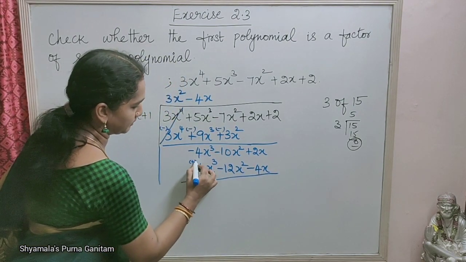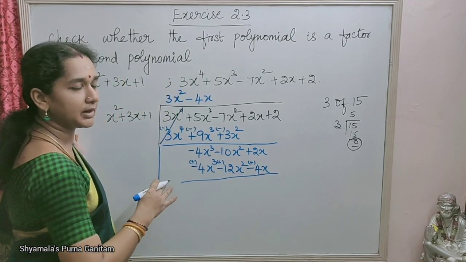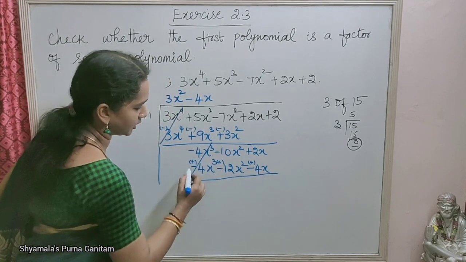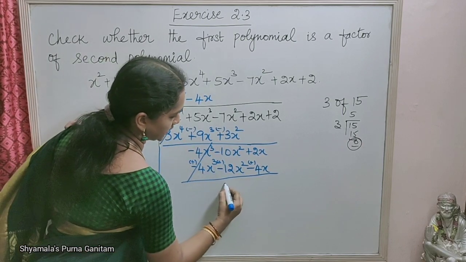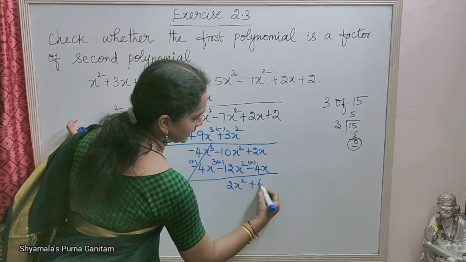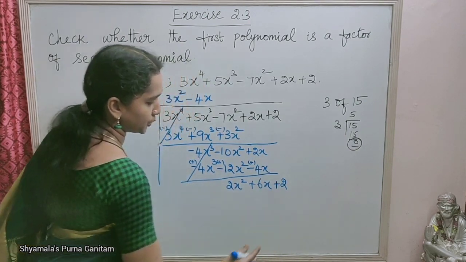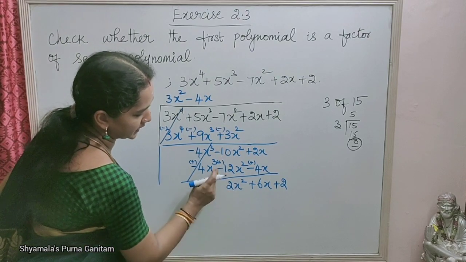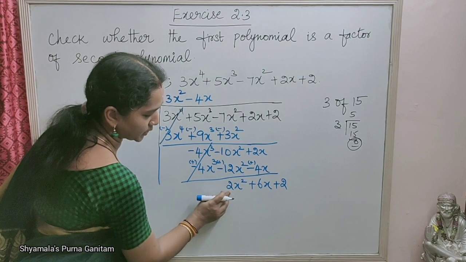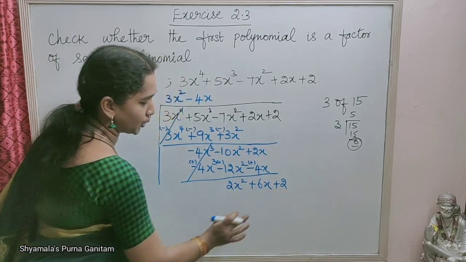Now this one, if I simplify, changing sign is nothing but subtracting both the terms. So this one will be 2x squared and this one will be plus 6x plus 2. When you simplify, plus 12 minus 10 is 2x squared, and 4 plus 2 is 6x. I am bringing this 2 down.